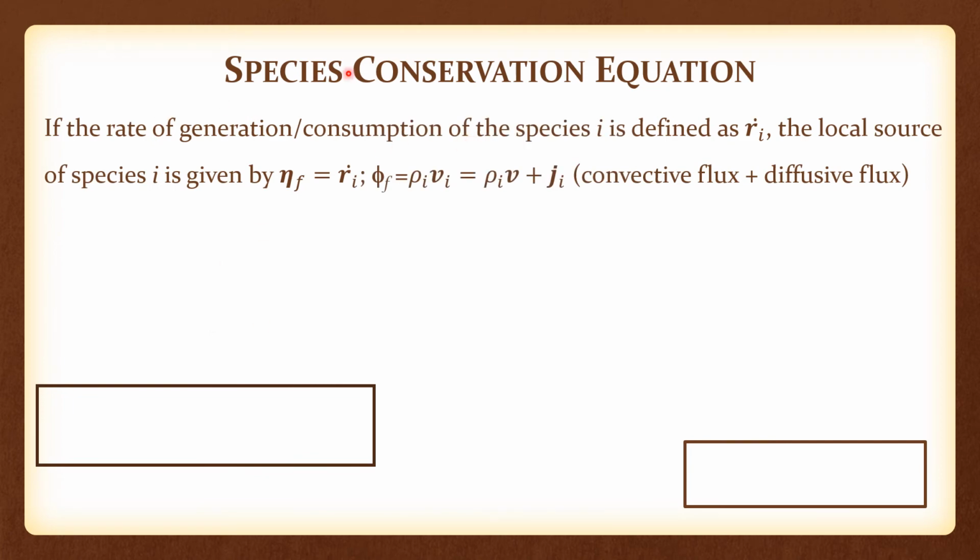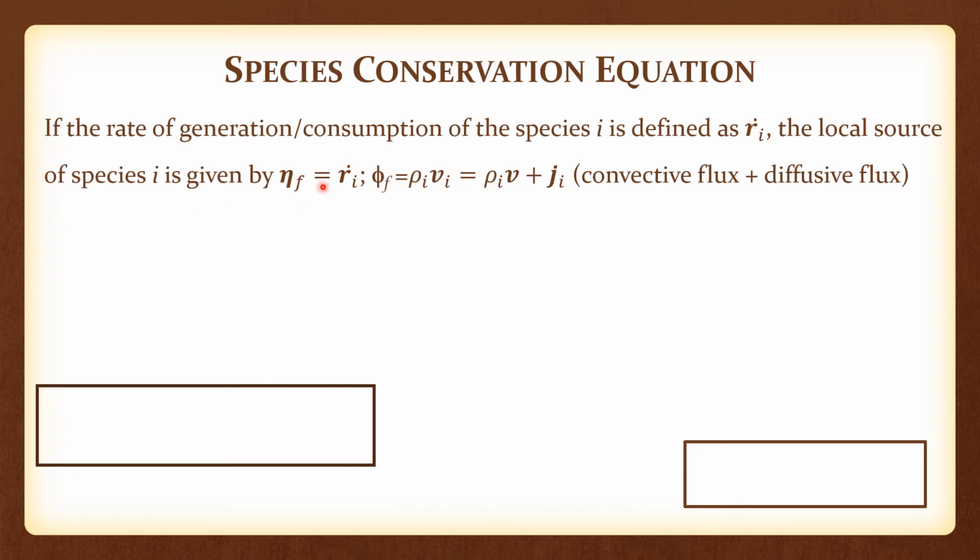Now, if you are looking at species, what is the rate of generation of species, which is given by the local source for the species. The generation or consumption is through some homogeneous reaction, and the rate of that particular reaction is given by r dot i. Just write a rate equation, first order, zeroth order, second order, or any complex non-elementary kinetics or elementary kinetics that you have.